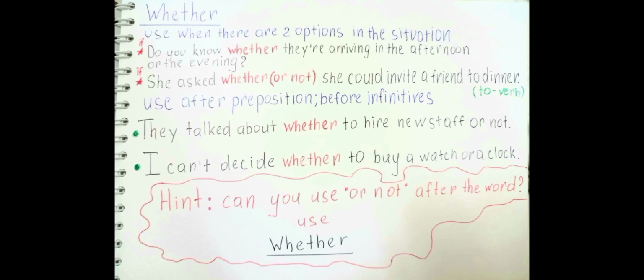And this "or not" is like the implied alternative option. So we don't say clearly, can I invite my friend to dinner? Or can I not invite my friend to dinner? We use whether or not to communicate those two options very clearly and quickly.